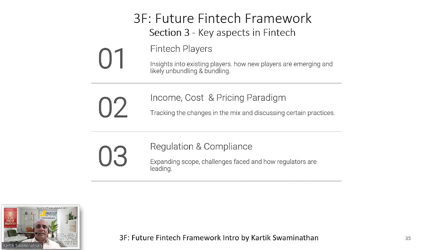The third one, as I said, is regulation and compliance. It's very crucial. As I said, fintech and increasingly the digital segment is coming under the purview of compliance. So we all know about data privacy laws. We all know about chances of fraud. We know about all these service issues. We know about mis-selling. So there are many of these issues.